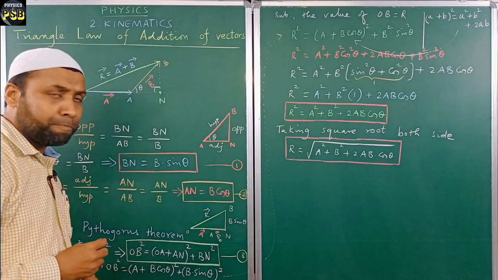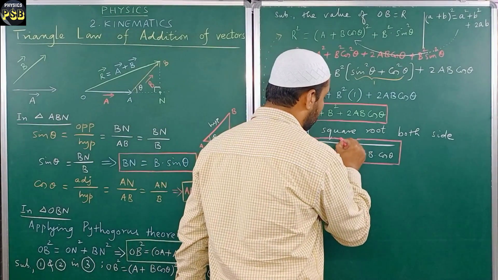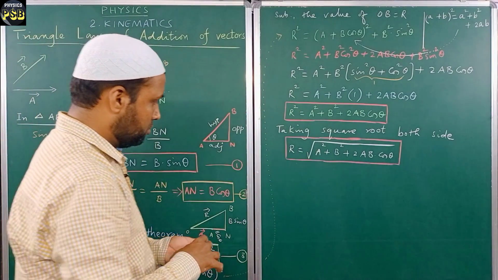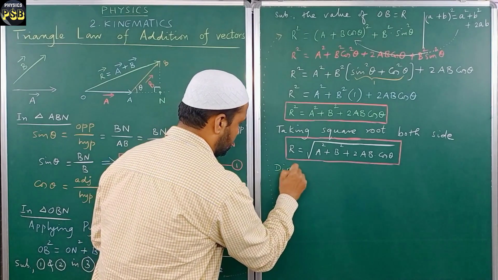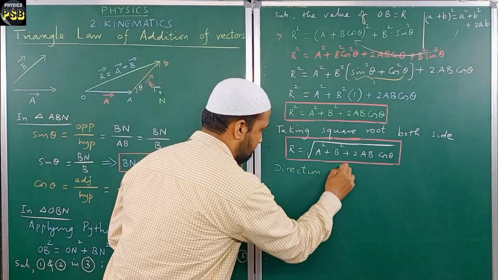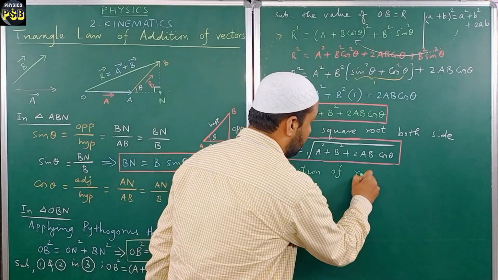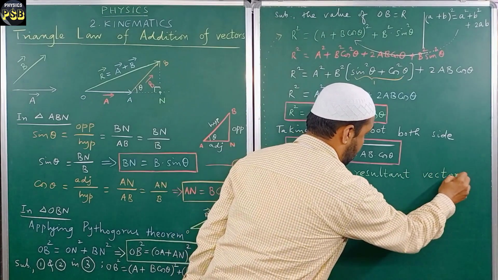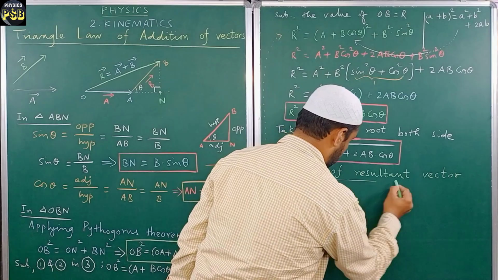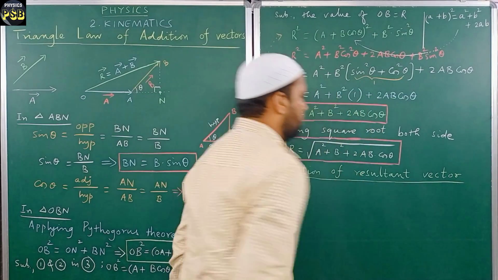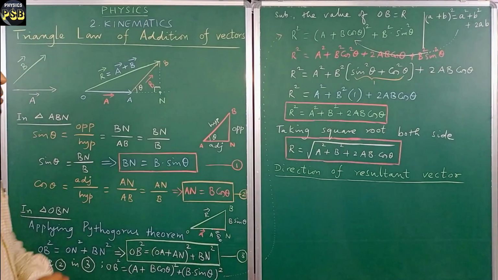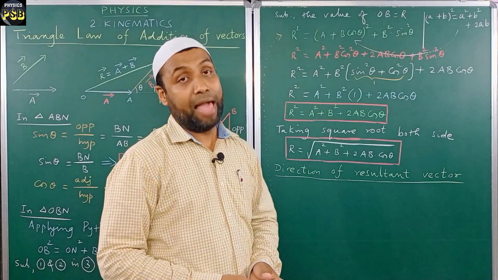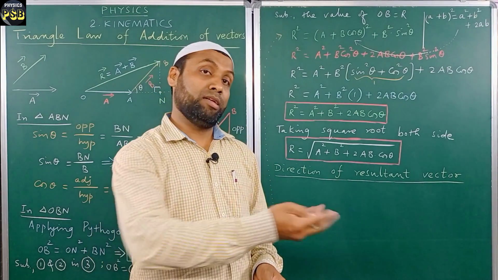Now I am going to find out the direction of this resultant vector R. Here, you remember this: the direction of a given vector can be obtained by the angle that it subtends with another vector.